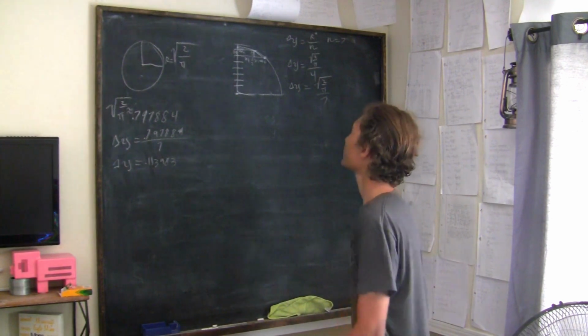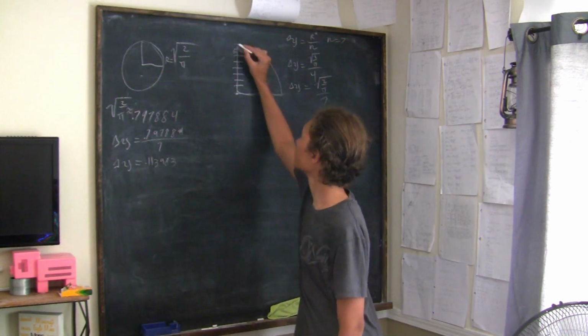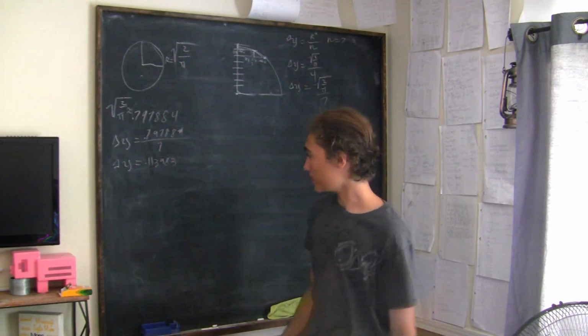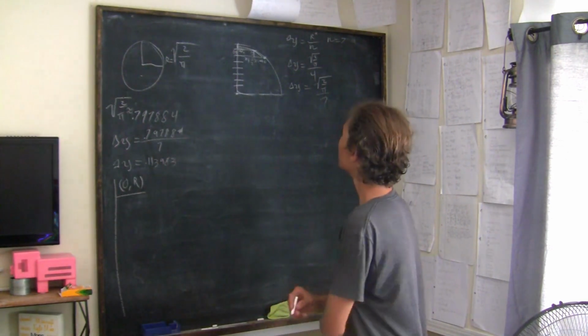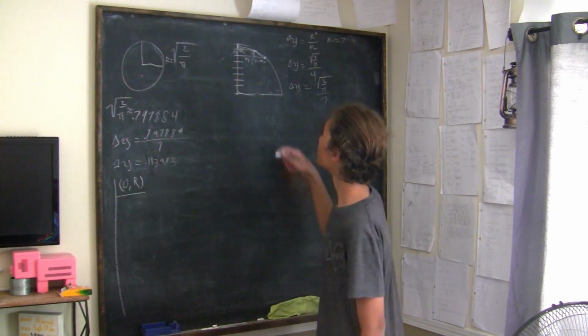Delta y is equal to. So we know the intercept right here to be, let's create a little list right here. And now we have to find this intercept right here.